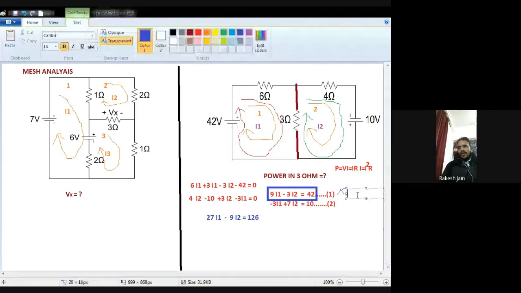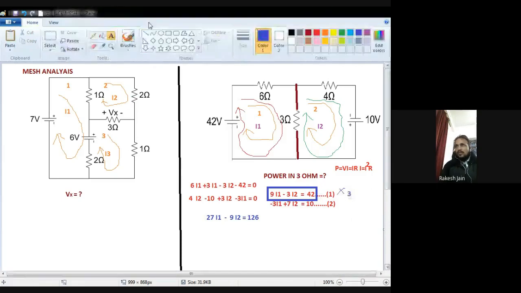Either use Cramer's rule, that is also good, and this second equation will be multiplied by 9. Now multiply this by 9. 9 multiplied by 3 is again 27.